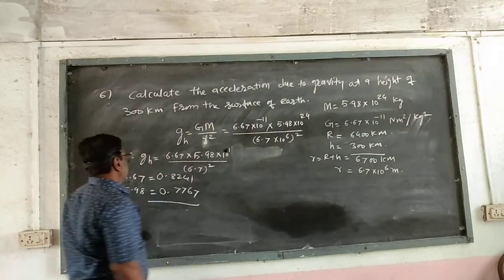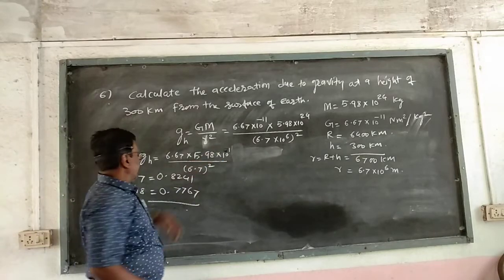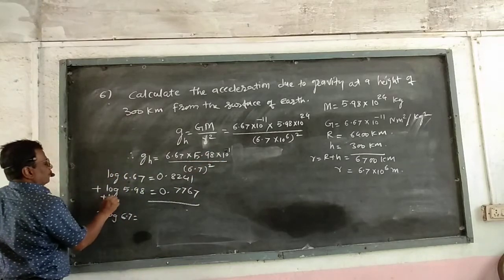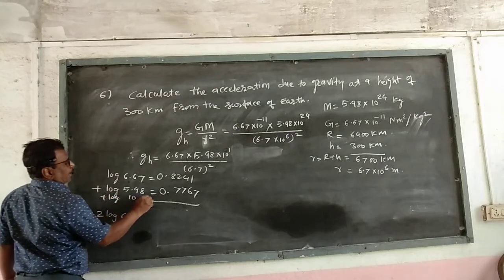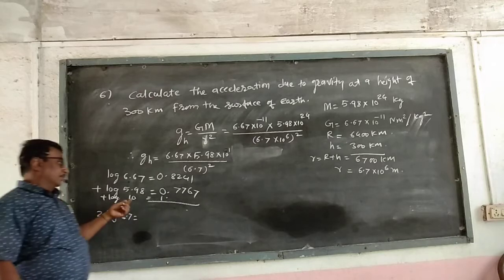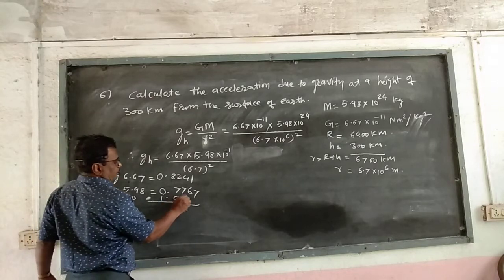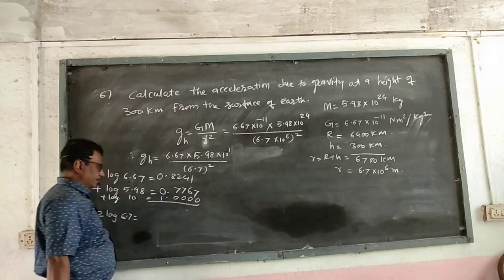We have to again add here log 10, which means 2 digits, so we have to take one characteristic. Logarithm of 10 is equal to 0000.